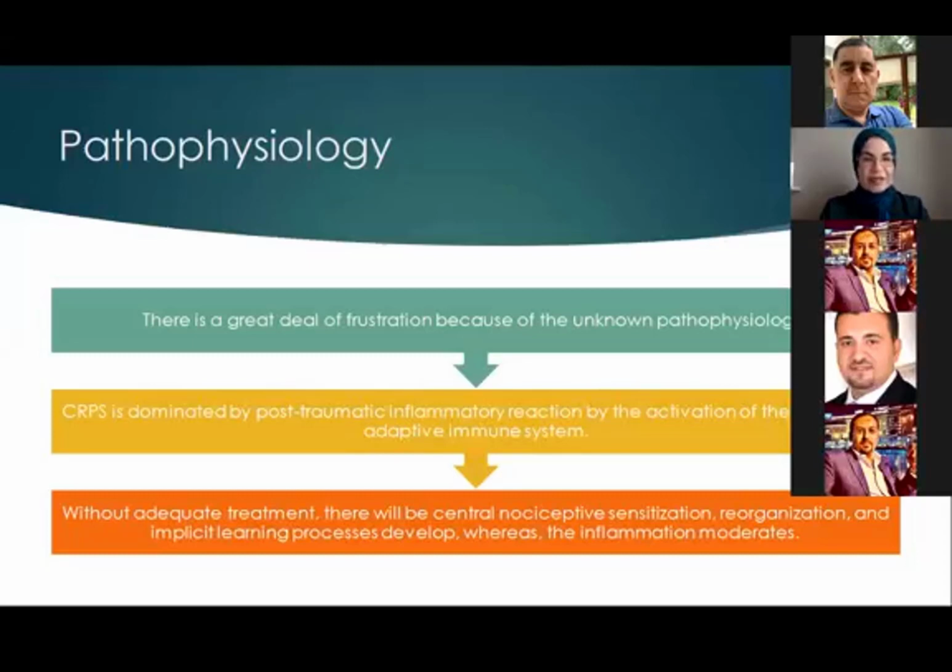Without adequate treatment, there will be central nociceptive sensitization, reorganization in the cortex of the brain, and implicit learning processes that develop, whereas the inflammation moderates all these changes in the body.